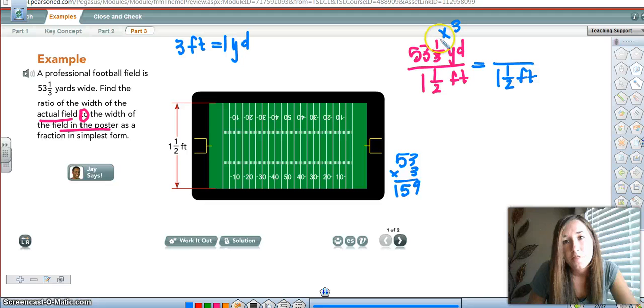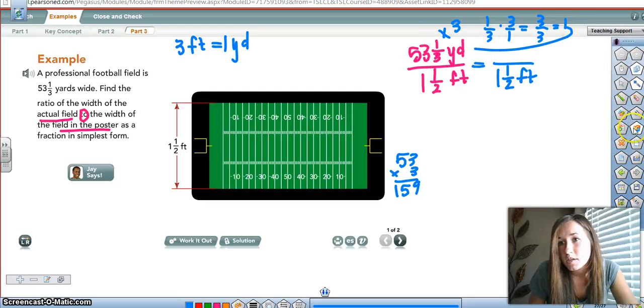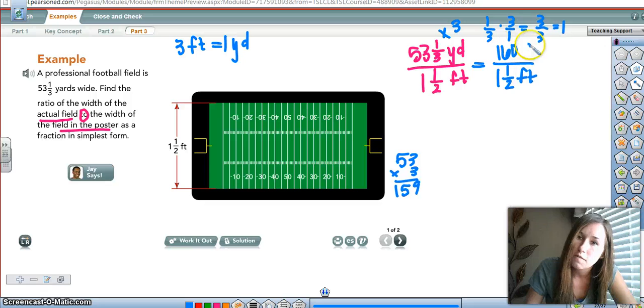And then we have a third of a yard. 3 feet are in 1 yard. If you think about it, that just makes 1 extra foot. This 1/3 times 3, if you work it out, is just 1. So if we are doing 53 1/3 times 3, we're getting 159 with 1 extra, that's 160 feet.